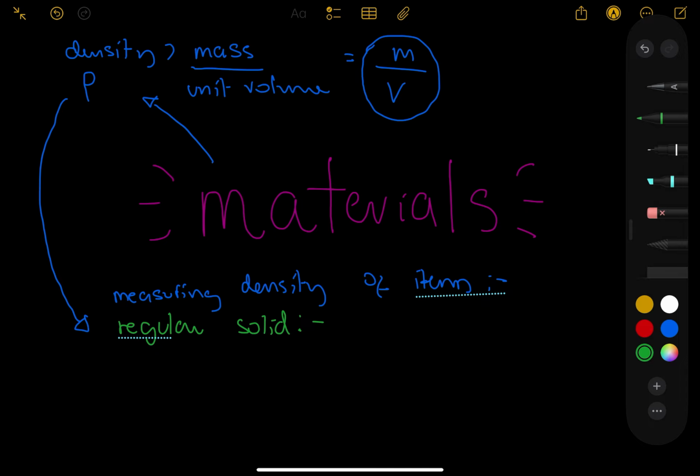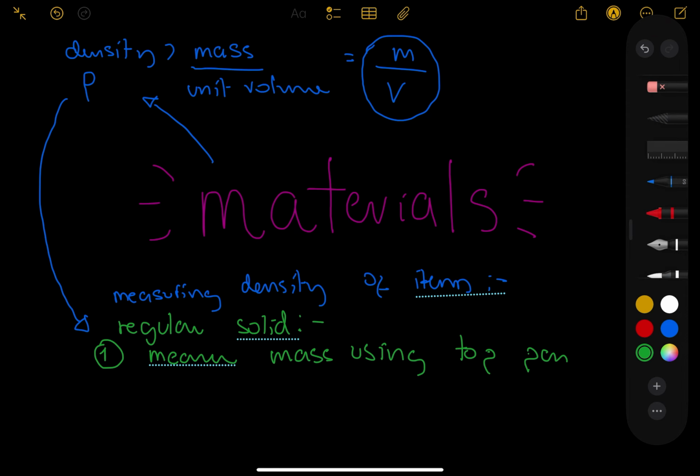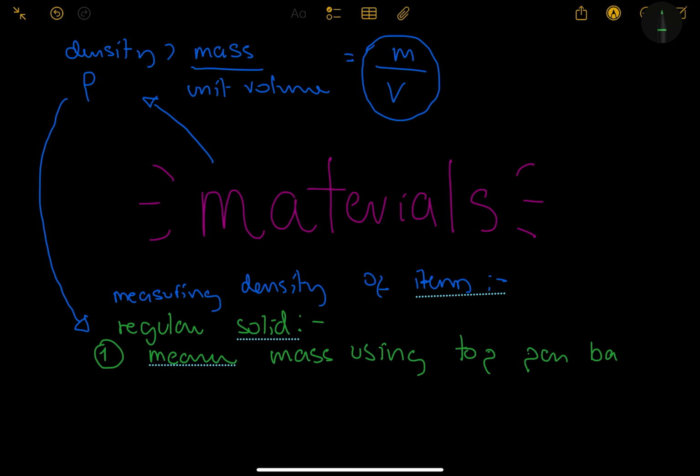For this, we are going to measure its mass using a top pan balance, which is essentially just like a little electric scale.